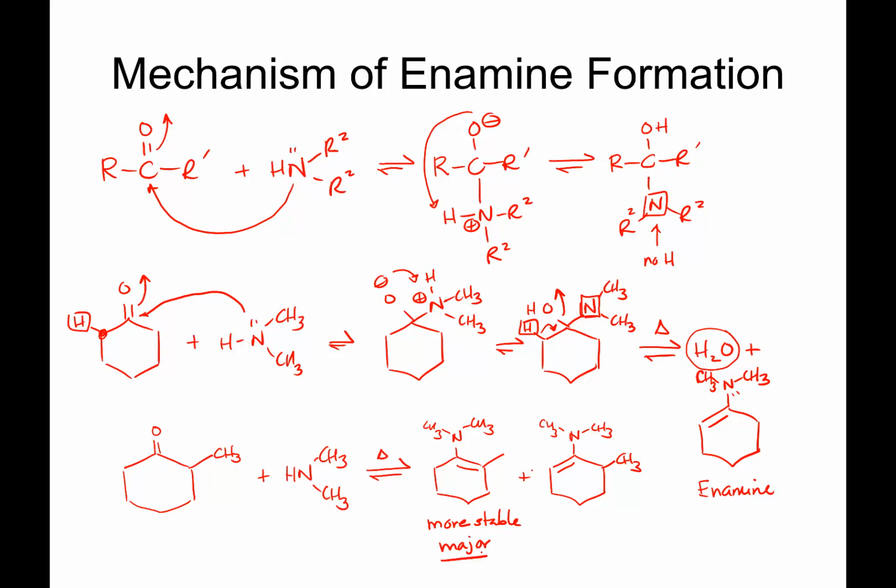Okay. All right, so when we add nitrogen compounds, we're either going to add primary or secondary, and we're going to form either a Schiff base imine or we're going to form an enamine. And these are the mechanisms which you'll have to draw out in the future.